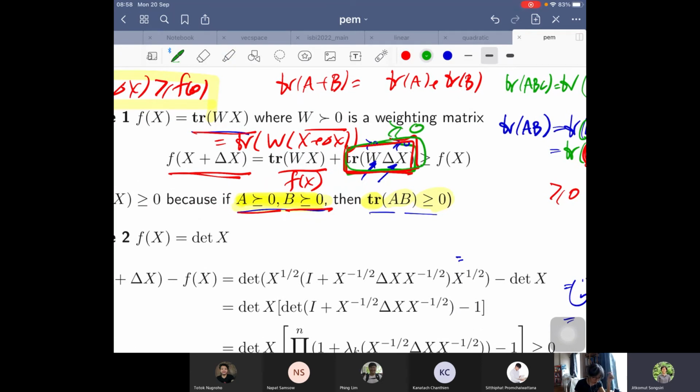So that's why we conclude that f of x plus delta x is always bigger than f of x. The trace of W x is linear in x, and it is an increasing function, a monotonically increasing function.